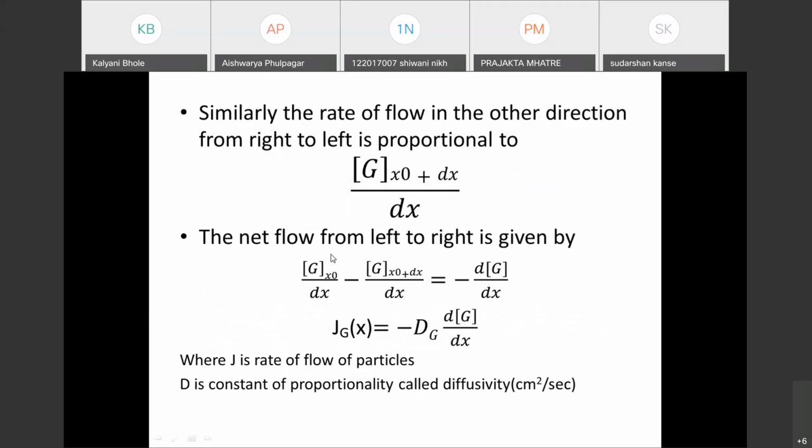So the net flow from left to right is given by the left minus the right, the concentration at x0 minus the concentration at x0 plus dx. This is nothing but a differentiation, dG by dx, where G is the concentration of glucose.